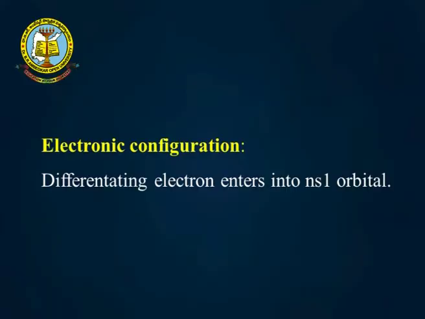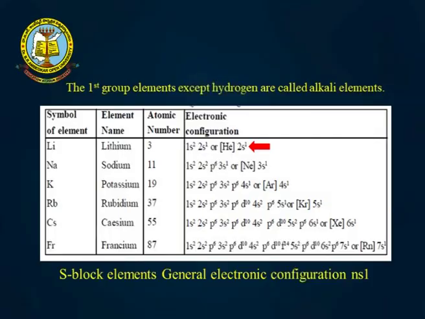If you observe the electronic configuration of all these group 1 elements, the outermost shell has an s orbital, and you can see the different shells. For lithium it is 2s1 and for sodium it is 3s1.